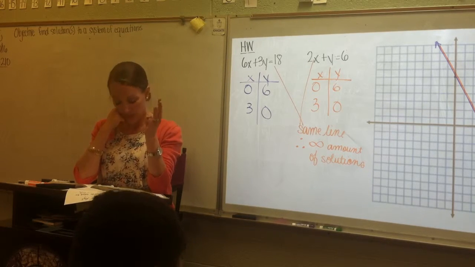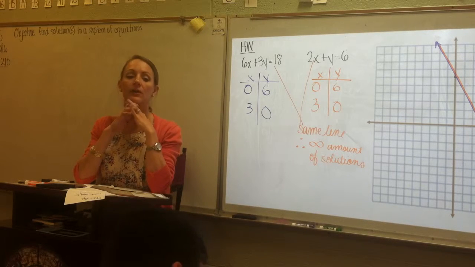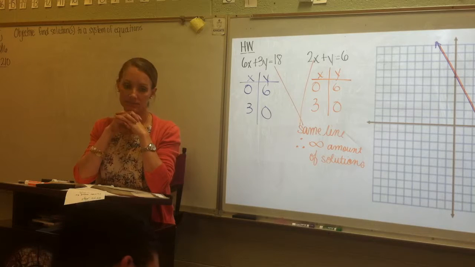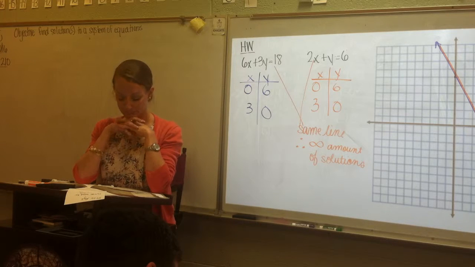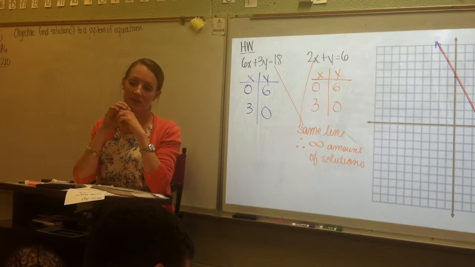Okay, I want everybody to right now graph number 1, written exercises on 326. Go. It doesn't take any talking. If there is an intersection, I want you to write me the point of intersection.